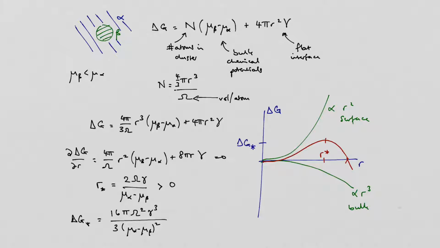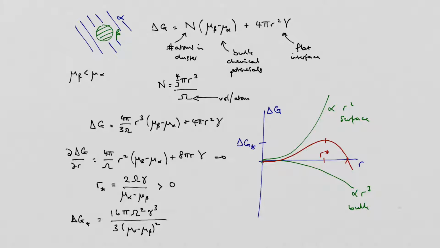The crossover point is the radius of a nucleus that I could create at zero energy cost. So I could carve out that larger radius and replace beta with alpha, and it would cost me nothing to do it. The problem is, in real life, I cannot do this thought experiment where I just carve out a spherical cavity of a piece of material and replace it with something else. The only way I can do things in practice is to add individual atoms onto an existing nucleus or take them away.